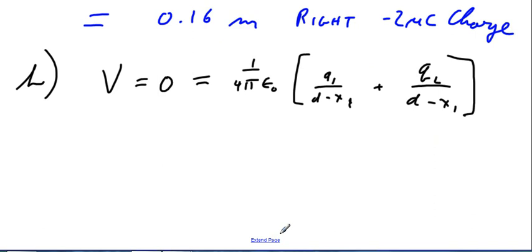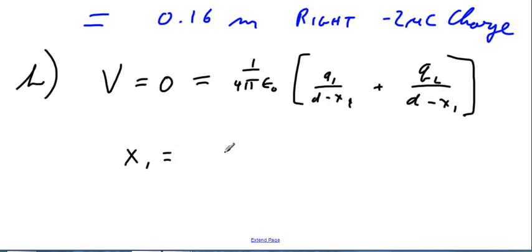All right, and then we would put those numbers in. We'd solve for x. So the 1 over 4 pi epsilon naught goes away, and the other guy goes to the other side of the equation.